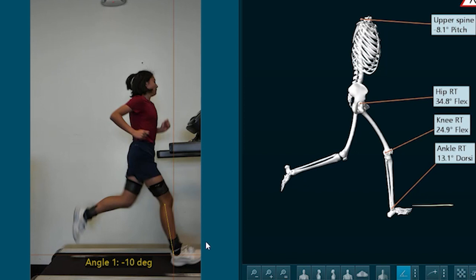There's also another way to define overstride. I've put a line here that you can see is directly from the ankle to the outside of the knee. This is the directional line of your shin bone. Ideally, we want this line to be straight up and down, so we want it to be vertical. That improves muscle function and makes it so that you can use your muscles to their highest capacity and highest force.